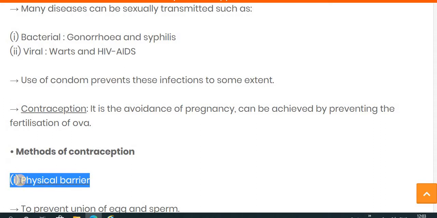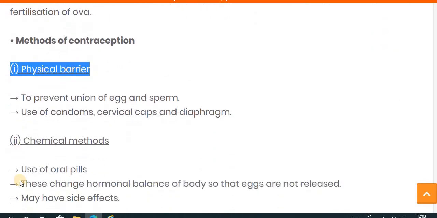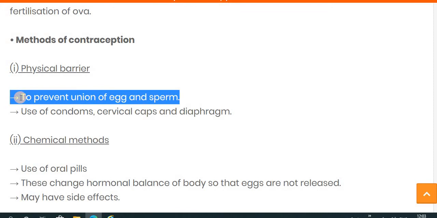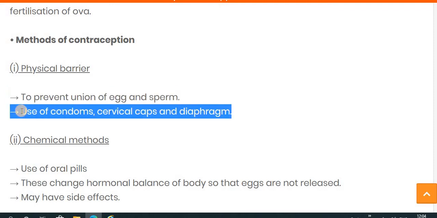The first one is the physical barrier method. In that, the union of egg and sperm is prevented, so the fertilization can be prevented. The second is the use of a condom, cervical caps and the diaphragm.